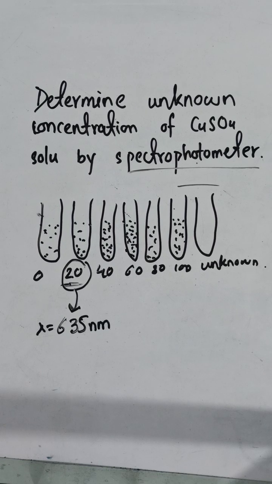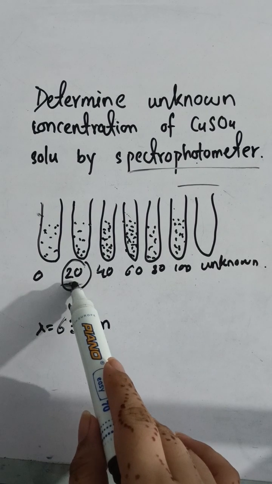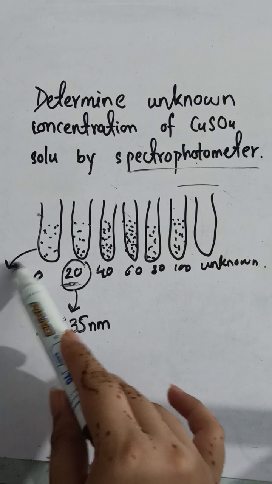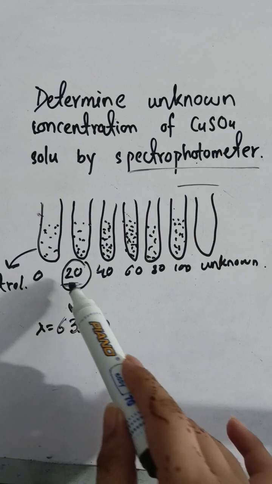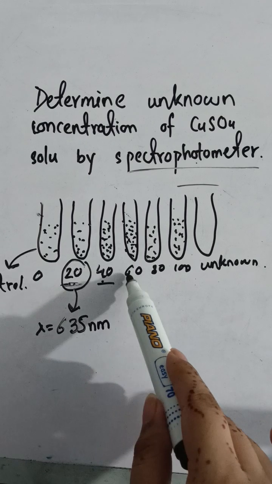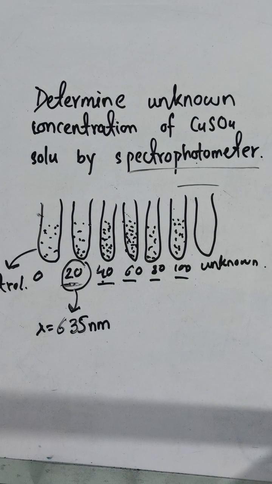Also measure the absorbance of the other solutions in the same manner, just as you have done with the 20. This is the control having no concentration, and then you will perform the same with the 40, 60, 80 and 100 test tubes. Same, you will put them into the sample holder, pass the light through it and check out the absorbance.